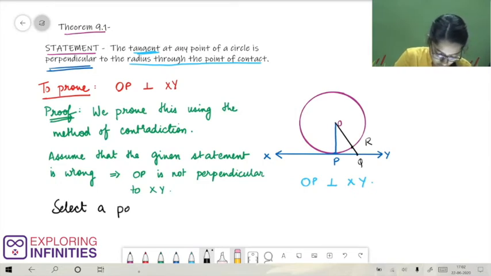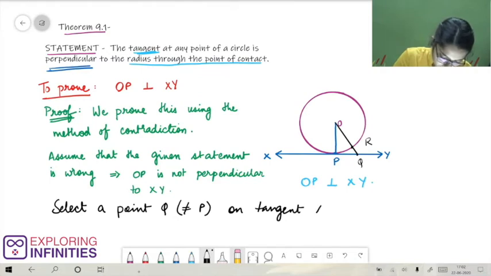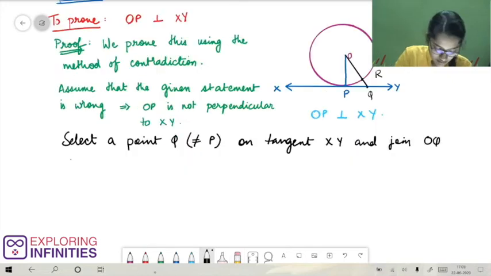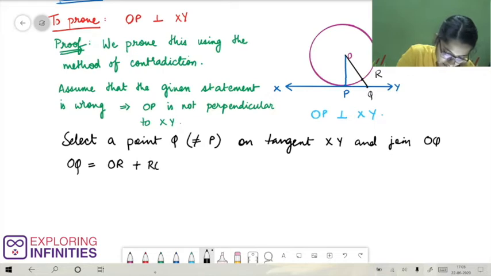Select a point Q not the same as P on tangent XY and join OQ. The point of intersection of the line segment OQ and the circle, as we thought earlier, is R. Now we can express OQ as the sum of OR and RQ.